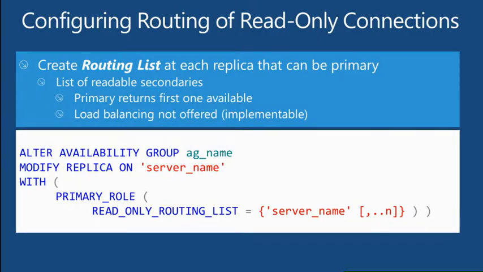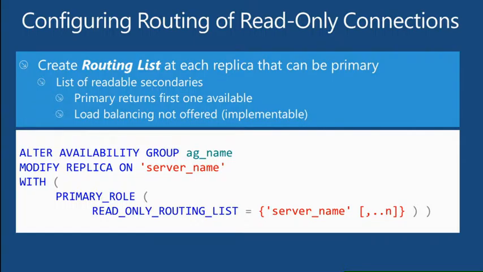So if you want to specify this read-only routing in SQL, with T-SQL, this is how you do it. You say, modify this replica, and you say, when this replica has the primary role, this is the set of secondaries that it can use to route for read connections.